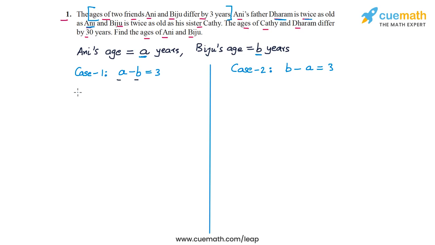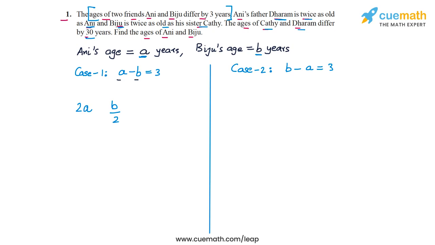So Dharam's age is 2A, while Biju is twice as old as his sister Kethi, so Kethi's age will be B by 2. And the ages of Kethi and Dharam differ by 30 years.